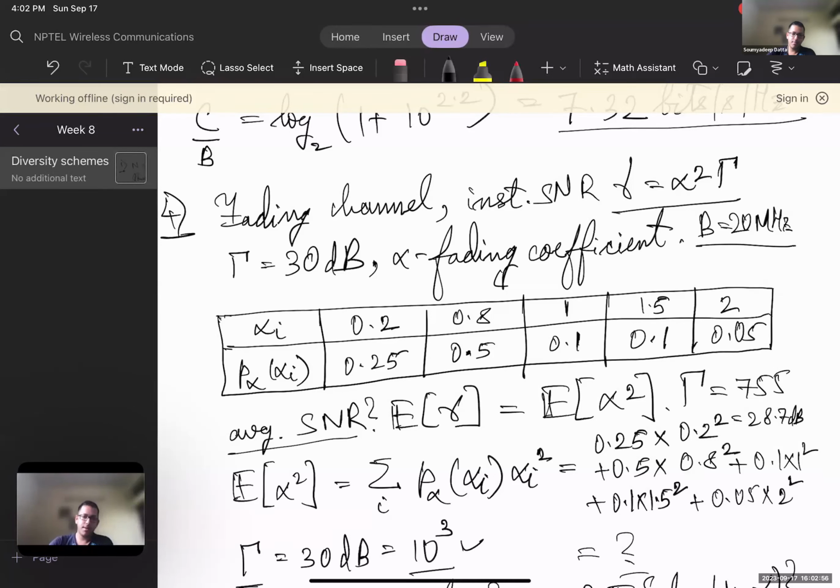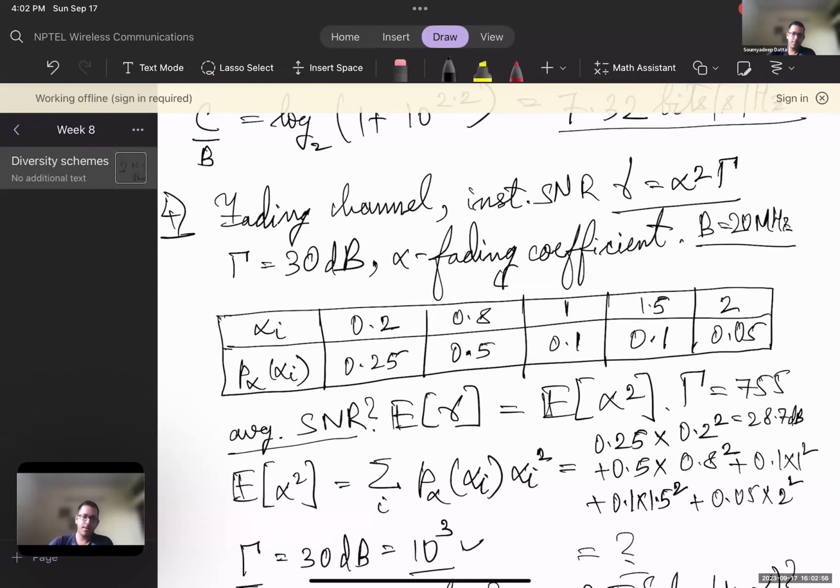So instead of that, let's say you have calculated this value C from the previous part. You are asked, if you have only a single channel with a single fading coefficient, one simple channel, then what will be the effective SNR?